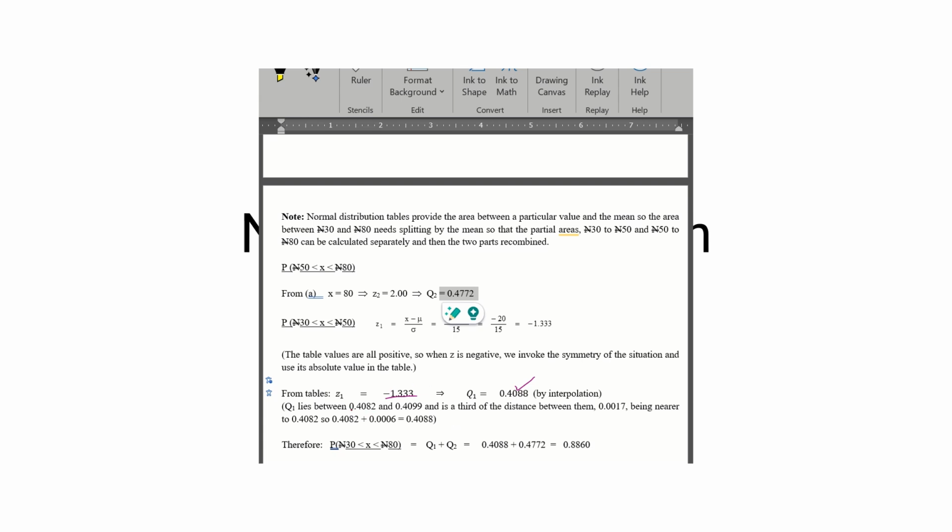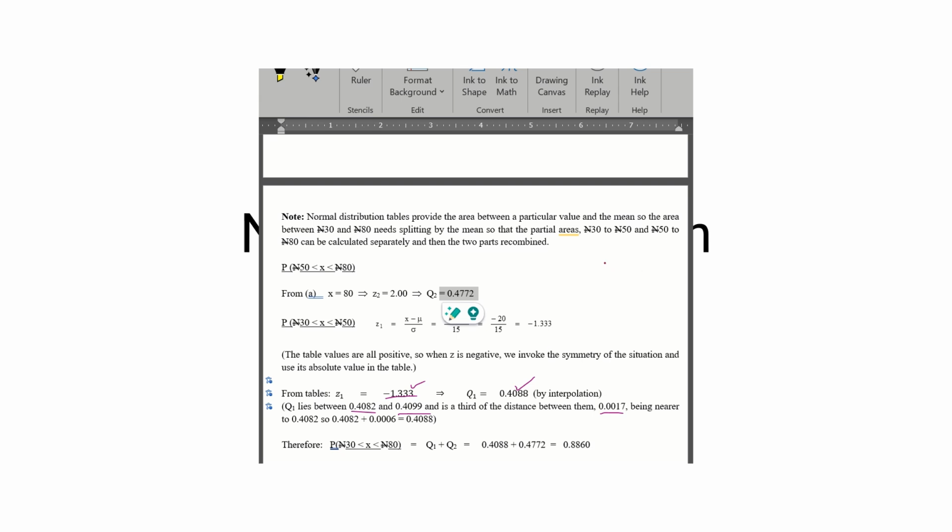So this value is supposed to lie between 0.4082 and 0.4099, the next value after 1.33. If you check the difference between them, you see there is 0.0017. So which part have you not seen in the table? It is the 0.003.